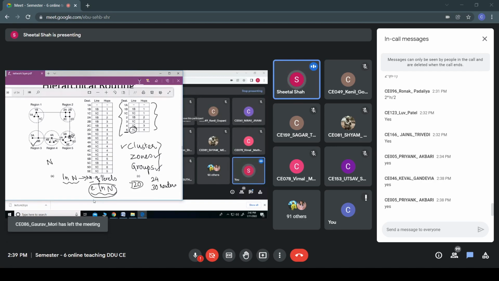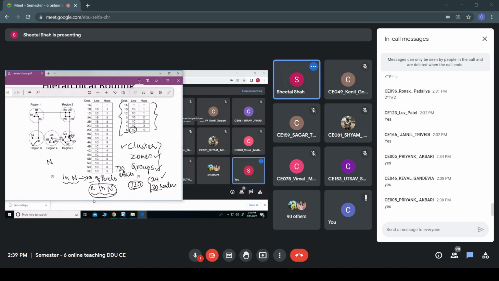So a total of 720 routers are there. If they don't use a hierarchical routing algorithm, the size of the table would be 720 entries.